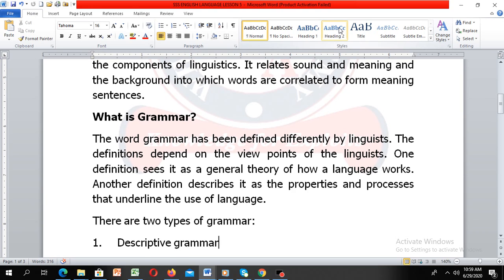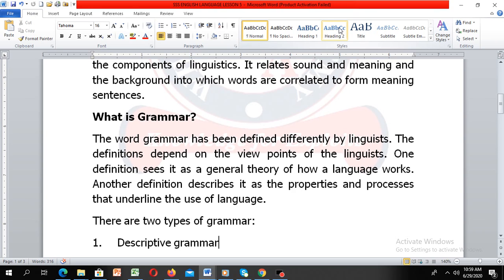Let's take note of this now, this is the definition by one linguist about grammar. This linguist sees it as a general theory of how a language works. So grammar is a general theory of how a language works.